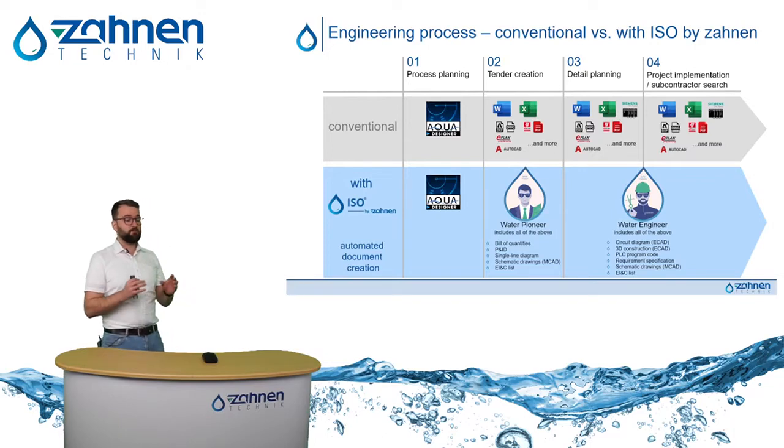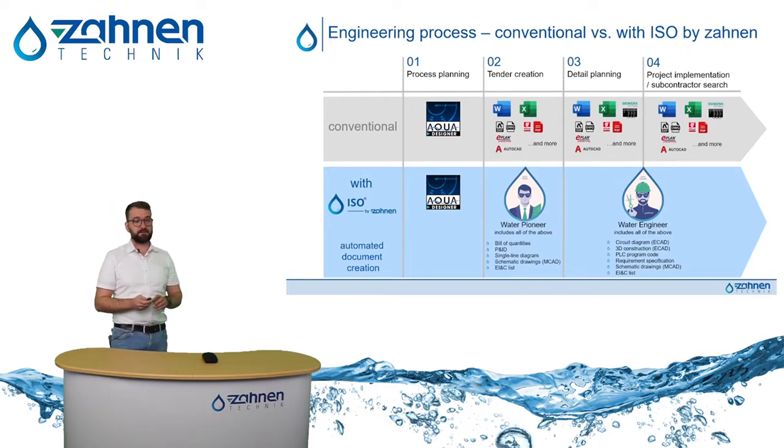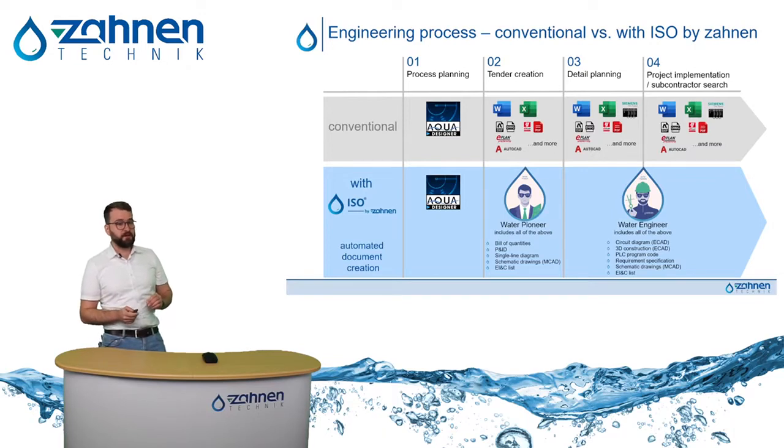And you can build your detail planning on the data before. So there's no information loss, everything is there, and the documents you created are all on the same basis. And again, all the output documents can be edited afterwards manually if necessary.